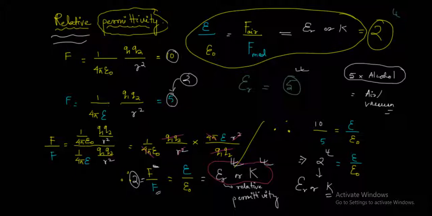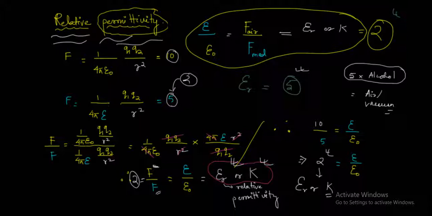It relates the two media, and it tells us how many times the force changes. So it's simply a number: it has no unit, and it need not be a whole number, it can be a fraction. That is relative permittivity, and I hope you got the point.